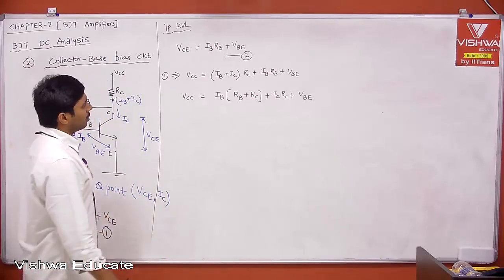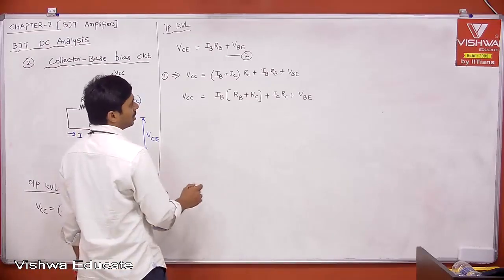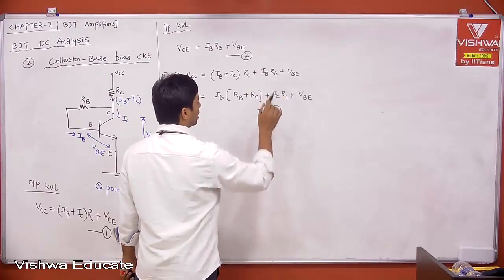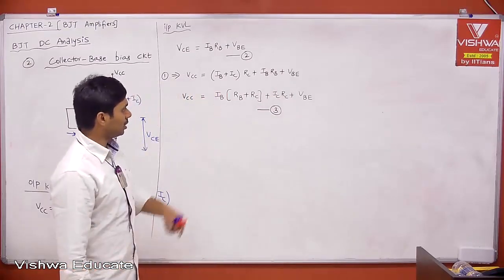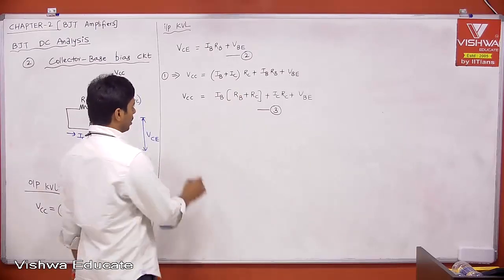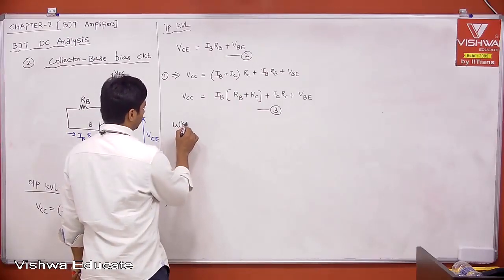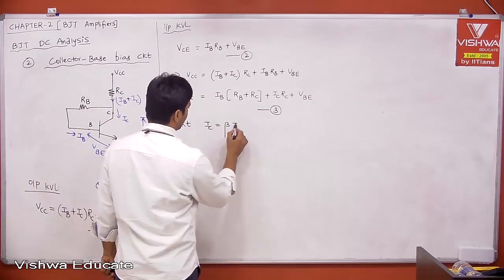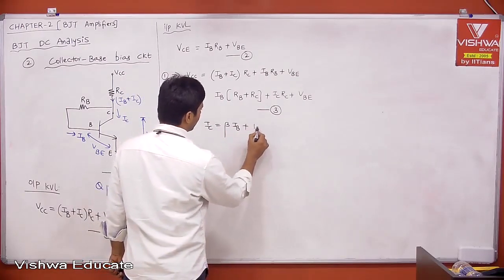Now, this is the equation which we need to differentiate. I want to differentiate IC with respect to IC naught. But where is IC naught in this? I don't want to see IB also. I want to write IB in terms of IC. And we know that IC is equal to beta into IB plus (1 plus beta) into IC naught.